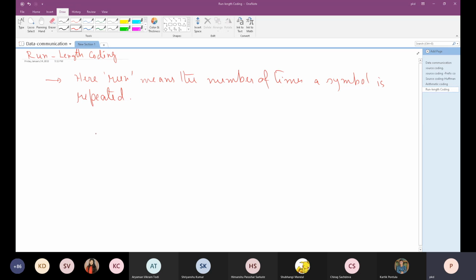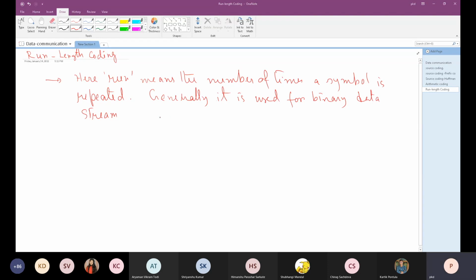However, generally this is efficient when we have a binary stream. Generally, it is used for binary data streams where the probability of 0 and 1 occurring consecutively is much higher compared to other kinds of symbols.